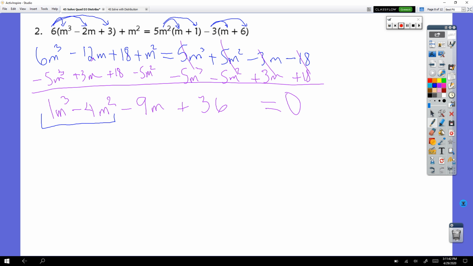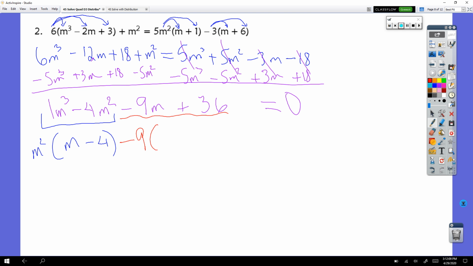So let's look at the first 2 terms. What's in common between 1m cubed minus 4m squared is an m squared. So m squared can divide into each of those terms. So I'm thinking division like we've been doing for a long time with my factoring. In the second pair of terms, I'm noticing the third term is a negative, so I'm going to use a negative, and 9 is the greatest value that goes into 9 and into 36.